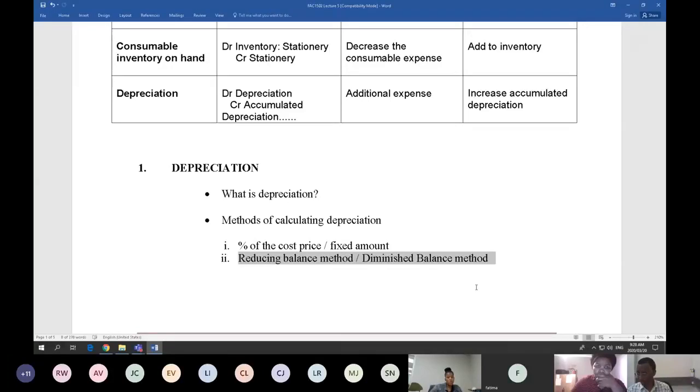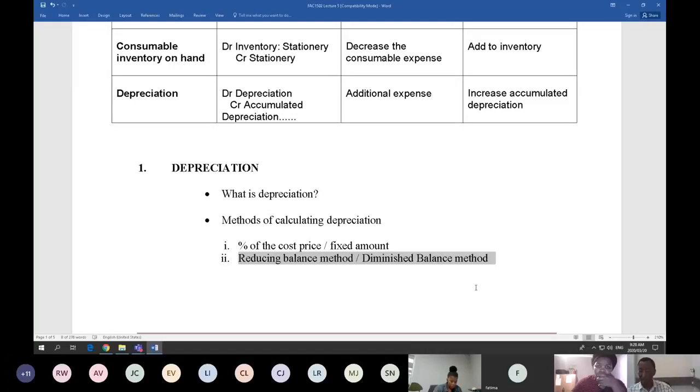So go to your trial balance, take a look at the cost, take a look at accumulated depreciation, calculate the carrying value, and carrying value is cost minus accumulated depreciation. I will show that to you guys when we do the example later on.